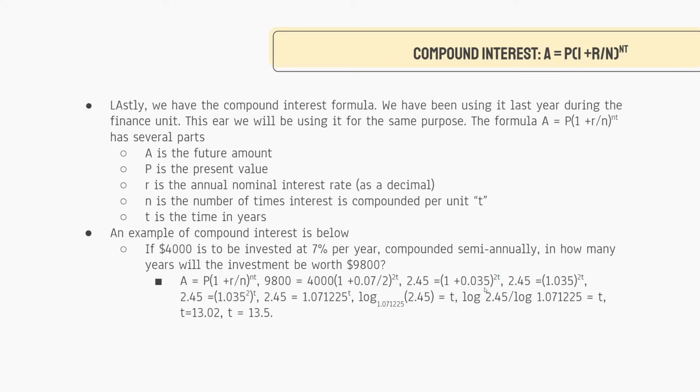In case you're wondering where the 0.035 came from, that is just the value of 0.07 divided by 2. I was trying to save as much space as possible for this question. That is why I didn't include that explanation there. Next, I just added 1 and 0.035 together in the brackets, and so we got this equation here.